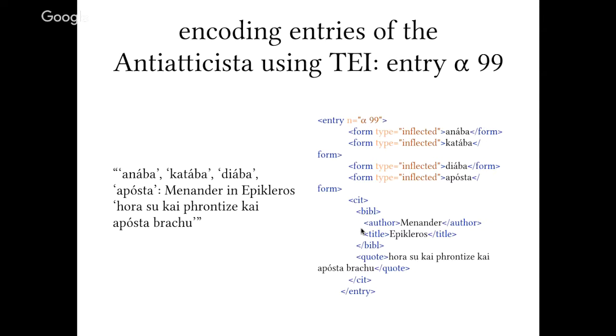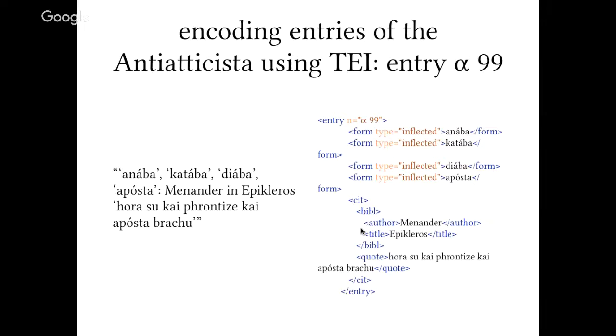I go to the third entry now, which is difficult, and it is difficult because we don't have one headword. This does not happen very often in the Antiatticista, but it happens. The entry reads anaba, kataba, diaba, and aposta. They are forms of imperatives of the second person singular that are accentuated at a certain point.